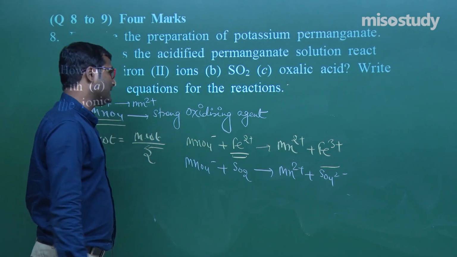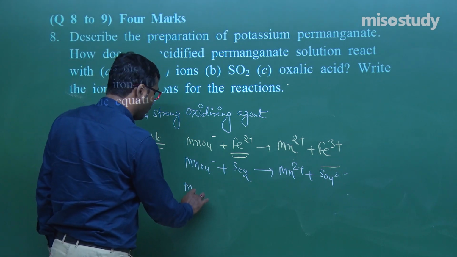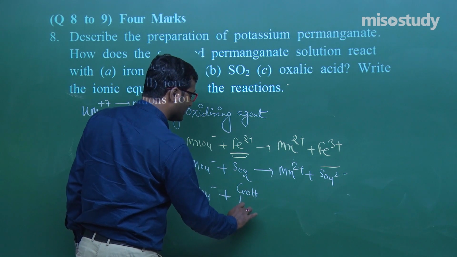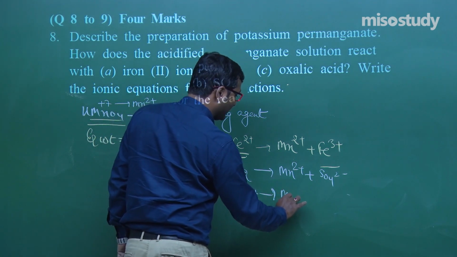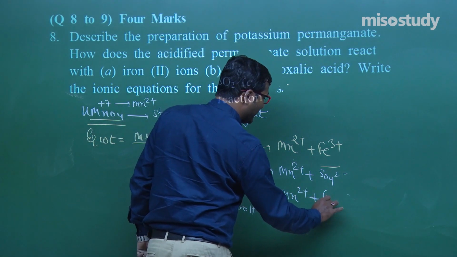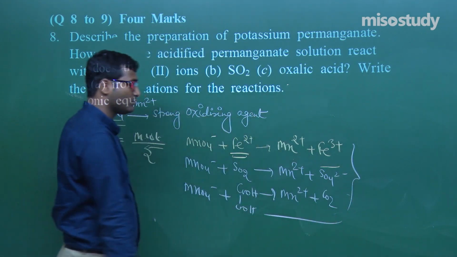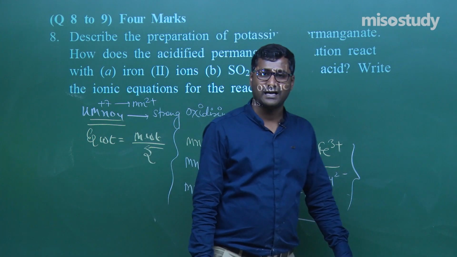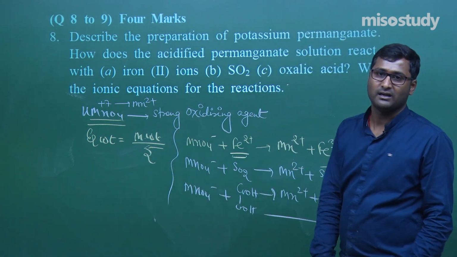Am I right? Yes sir. Now MnO4 minus when treated with oxalic acid is converted to Mn2 plus and oxalic acid is converted to CO2. It shows that it acts as a strong oxidizing agent in acidic medium, my friend.